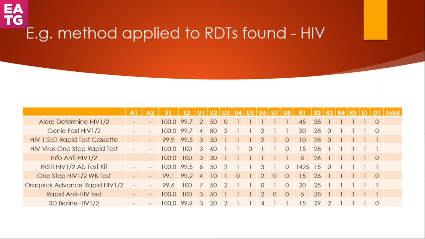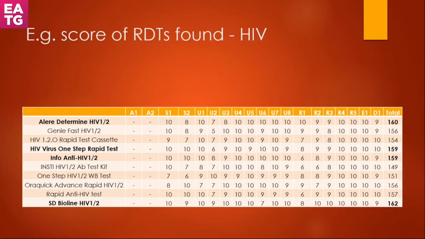So now we are going to see examples for the 4 infections. Since I didn't have the price for all the manufacturers, I removed this information from the ones I had, so we are only seeing the criteria applied from the other criteria. This is the score given, and this is the final score.